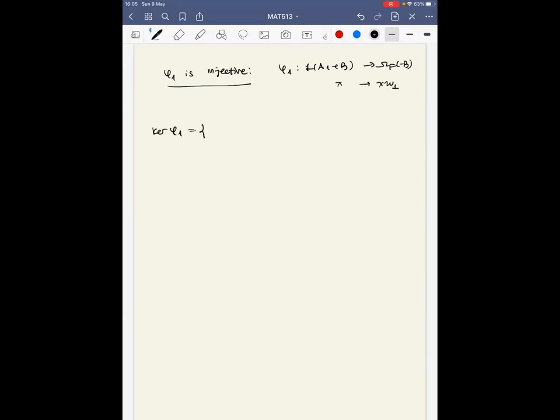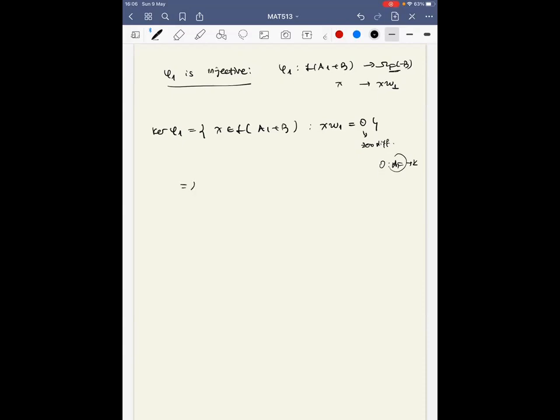With respect to this definition, if you write the kernel space of this map phi 1, these are the functions x such that the Weyl differential x omega 1 is going to be the zero differential, right? Because the zero of this space is the zero differential. So that means it vanishes on the adele space.